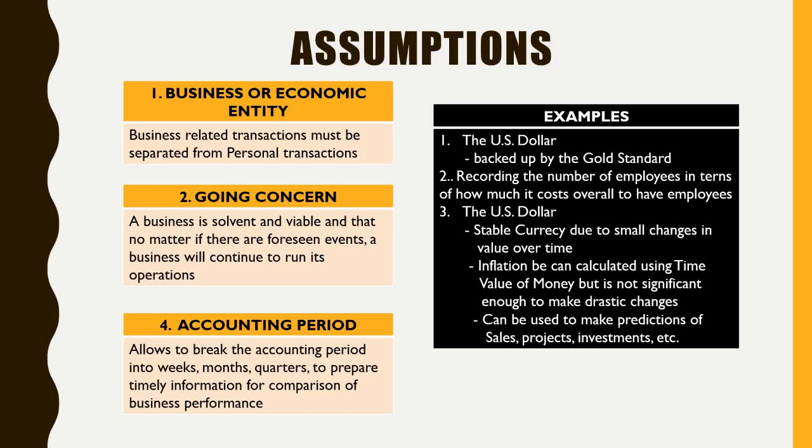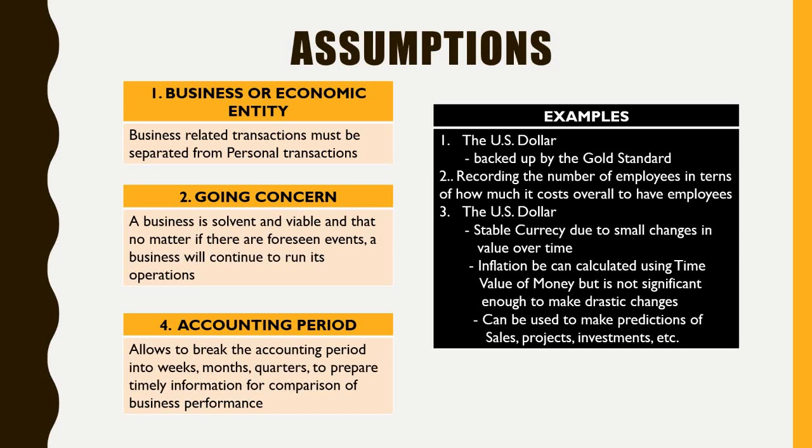Okay. Now, of course, what this stable unit allows us to do is make predictions without having to assume inflation. Because if $1 exists today in 2021, that means $1 is going to be the same exact amount fast forward 5 years from now.